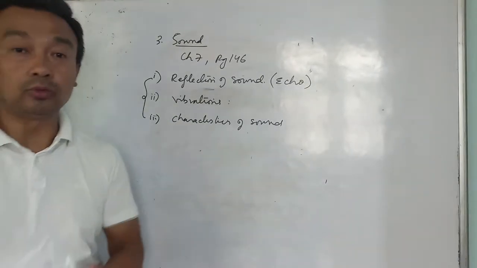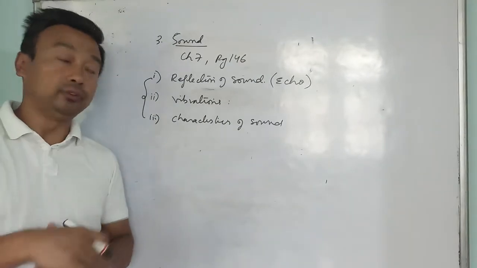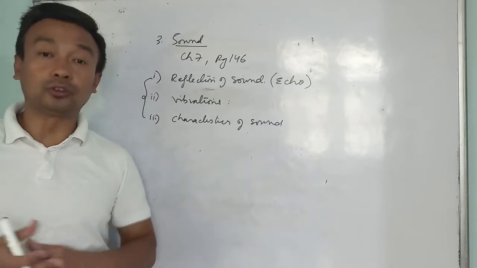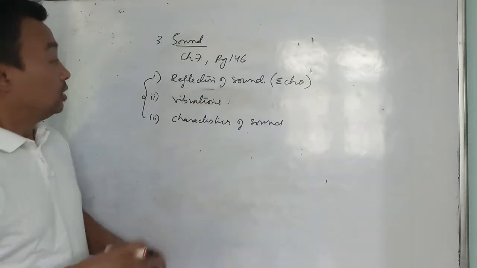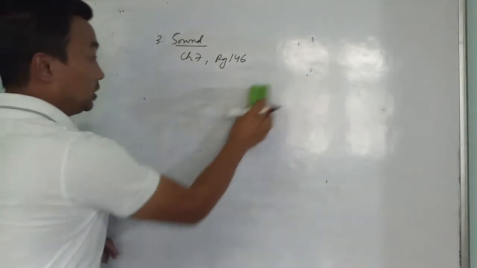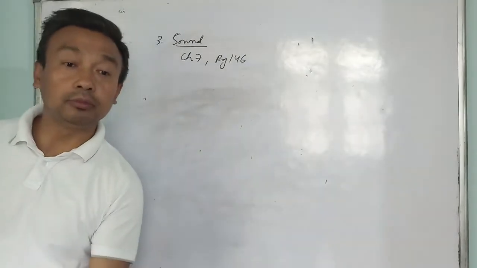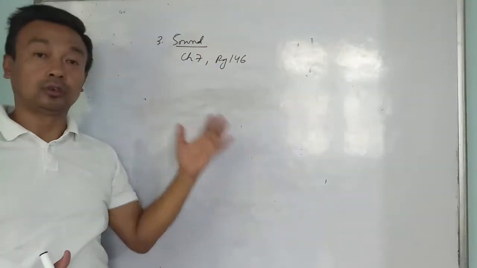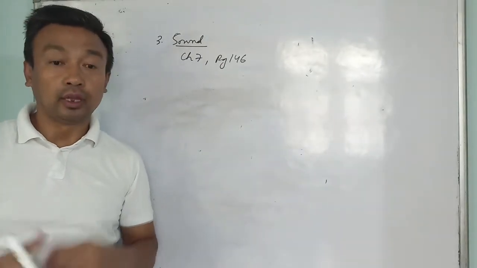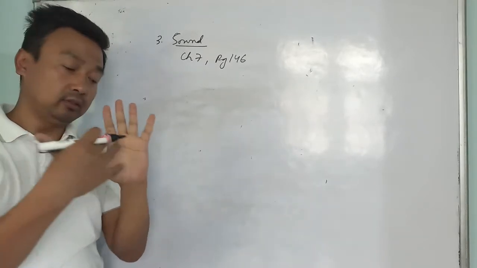Now in the reflection of sound, what happens is, we all know, sound travels in the form of waves, either longitudinal or transverse waves. Now the sound is traveling and it strikes an obstacle. The obstacle can be anything: a wall like this, or a board, a metal sheet, or a hill.